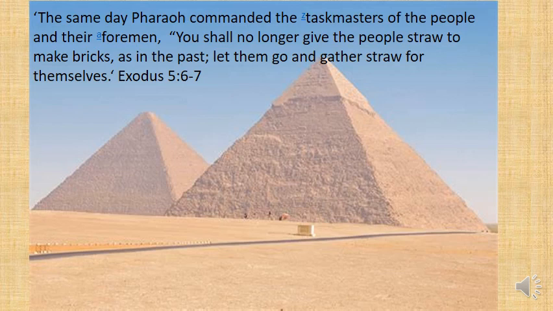harder. The same day Pharaoh commanded the taskmasters of the people and their foremen, "You shall no longer give the people straw to make bricks as in the past. Let them go and gather straw for themselves."